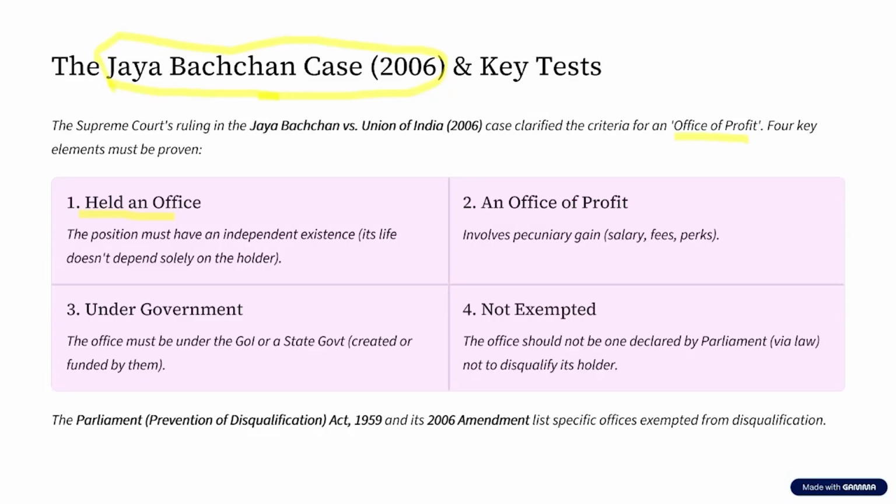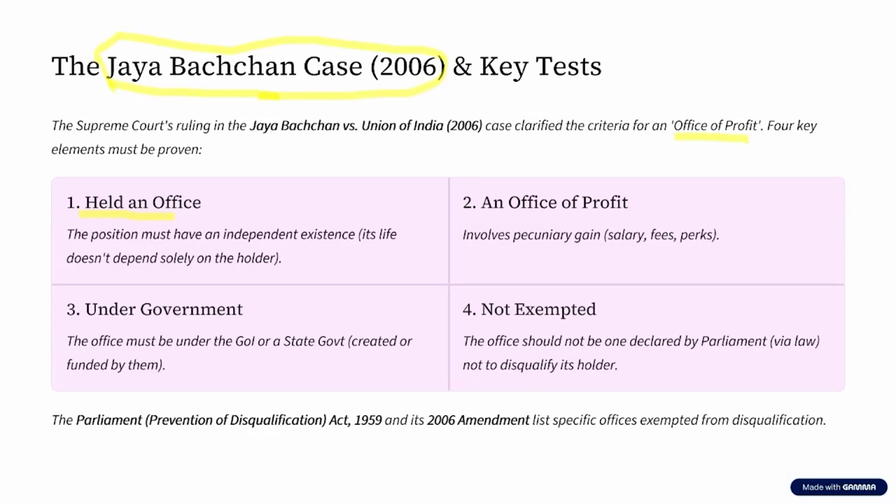For example, tomorrow if there is a case which says that there is some XYZ corporation in the government of India, and the government of India is appointing one of its elected representatives to be the chairperson of that XYZ corporation.